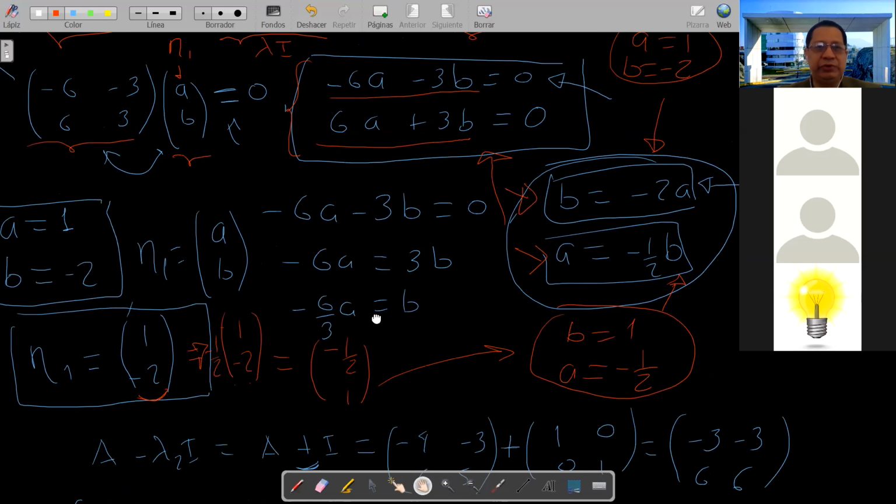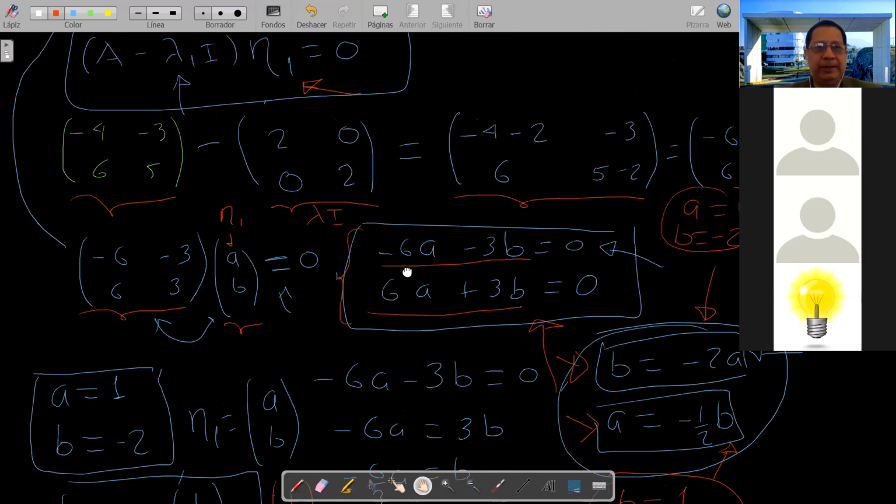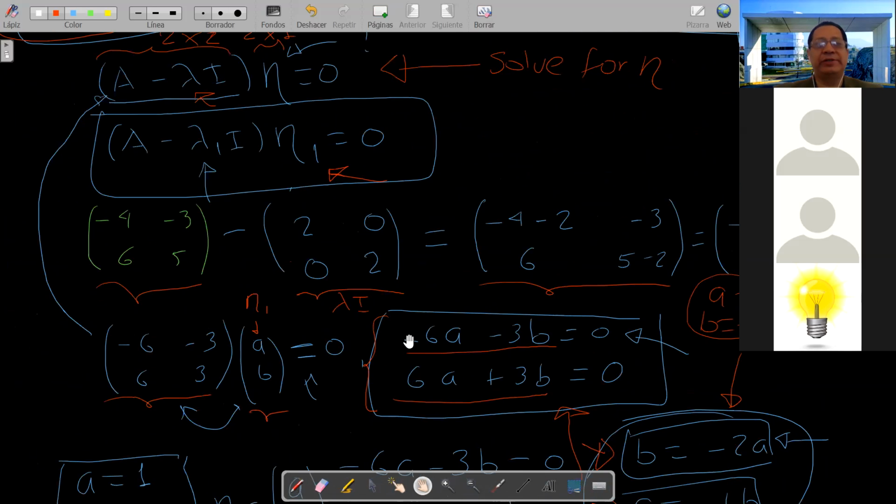And what if you use just a multiple? There's no problem because we're solving this equation. Having a multiple of this eigenvector is having a number over here, k times eta 1. And if we move this k to the right side, we will have 0 divided by k, which will be equal to 0.